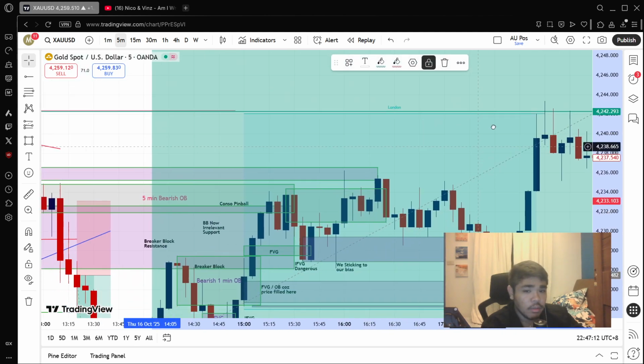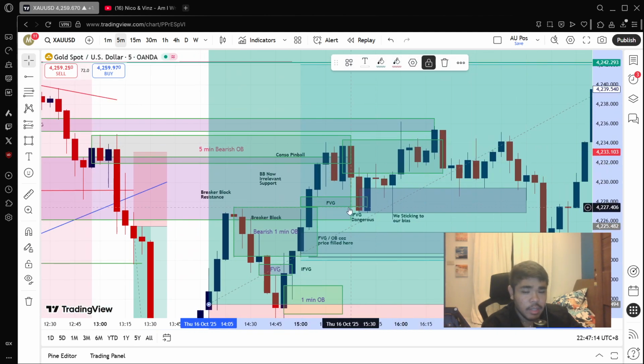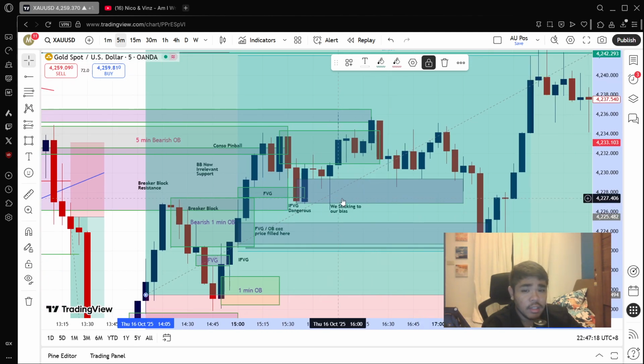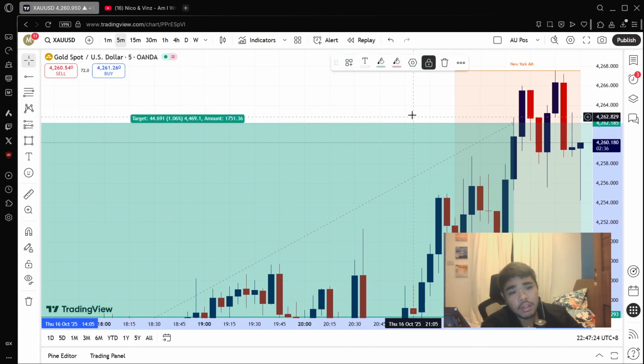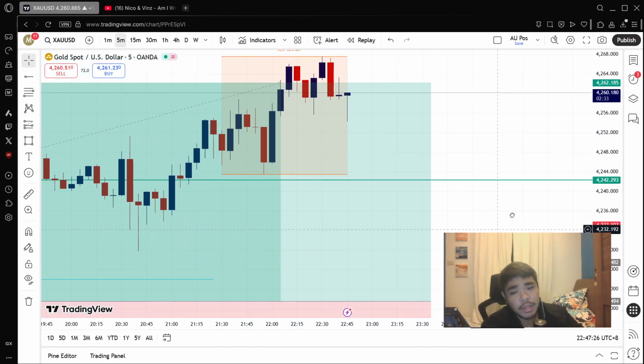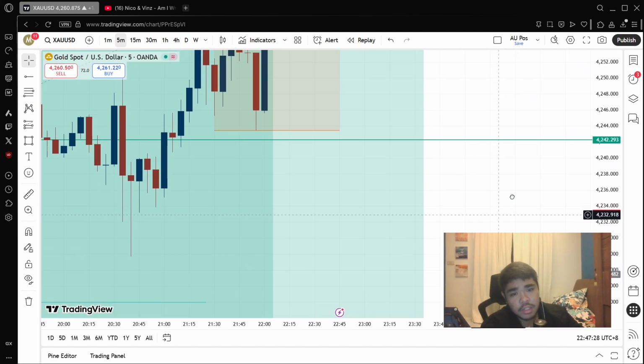Maybe you could learn a bit. I mean, the confluences here are working how they should, but I'm learning gold. I don't know if in other assets or pairs that's how it works.